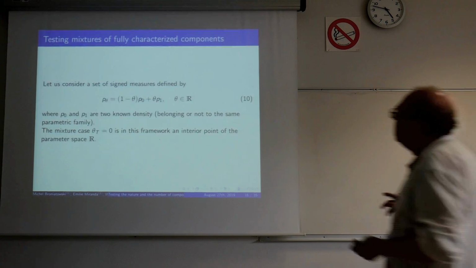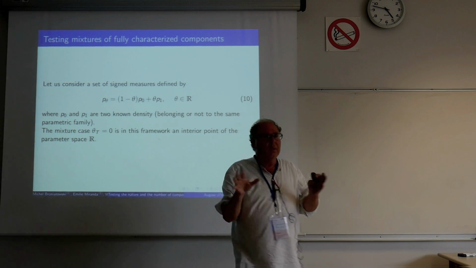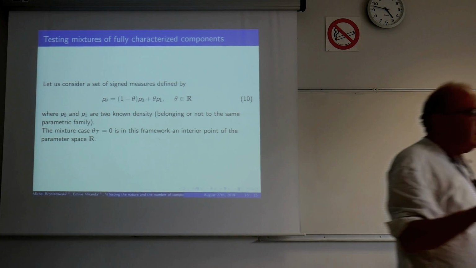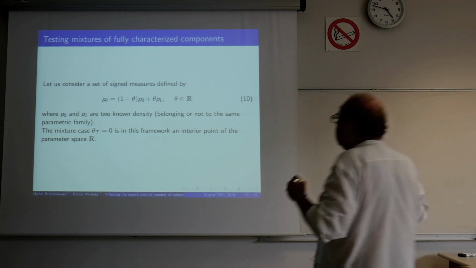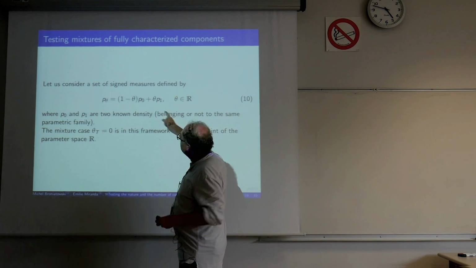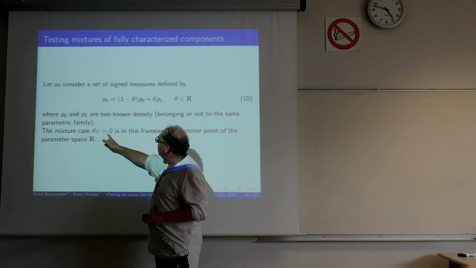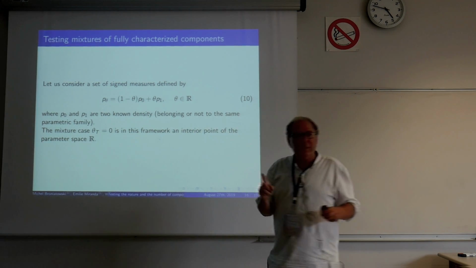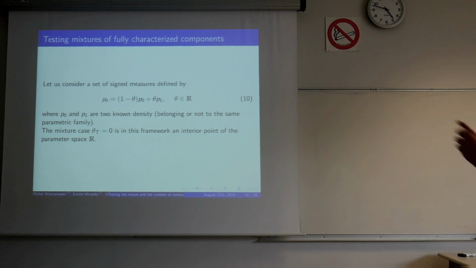And so let's consider an example. We take now a mixture with two known components, and we embed this in signed measures. So p0, p1 are known densities. In the mixture case, theta t equals 0 is the one we want to test. This is H0 as such. In this case, it is interior in the parameter set.